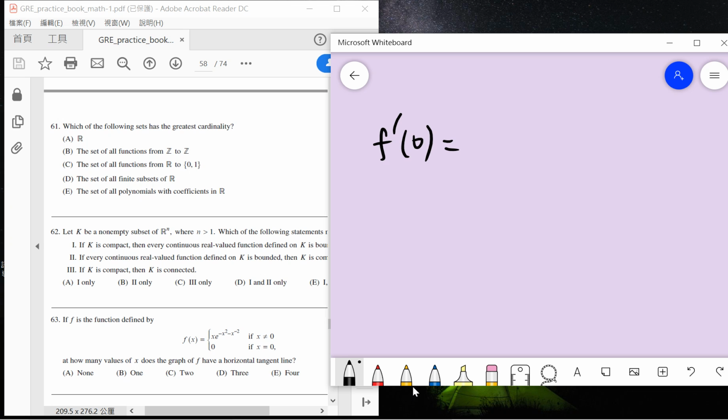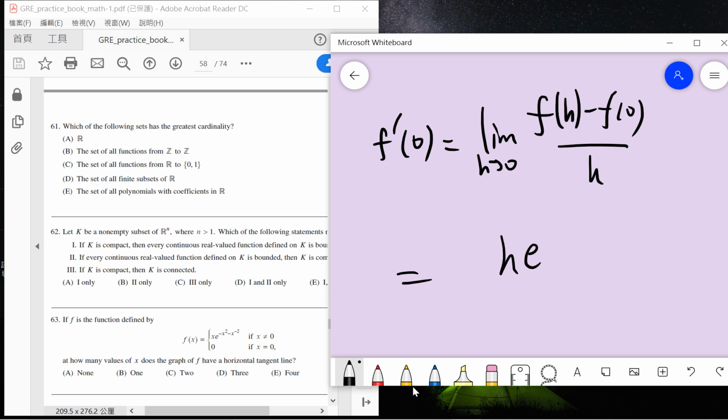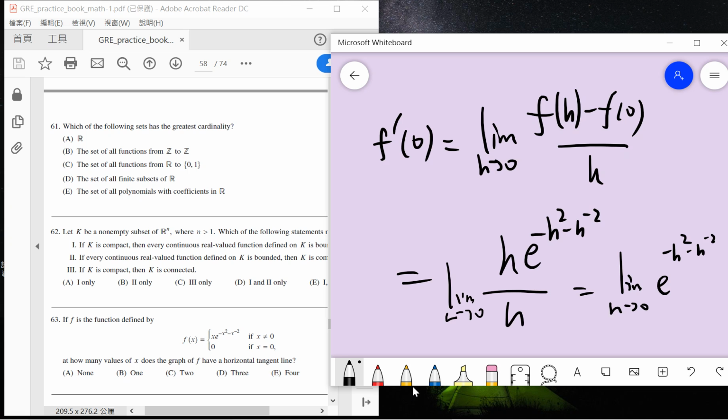f prime of 0 is the limit as h goes to 0 of f of h minus f of 0, over h. So basically we have h minus x, h minus 2, divided by 0, which is 0 divided by this. So we need to find the limit of this term.